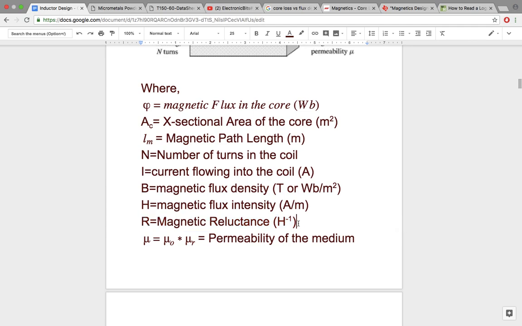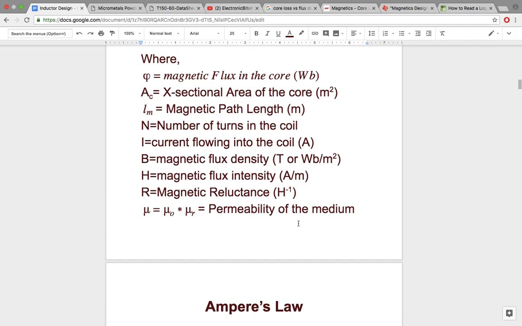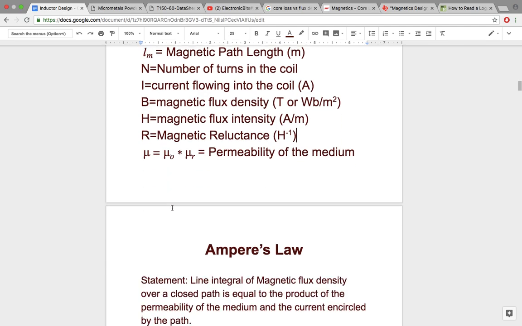This plays a very important role, which we will go into in detail. Then mu represents the permeability of the medium, where mu naught is the absolute permeability and mu r is the relative permeability of the medium.